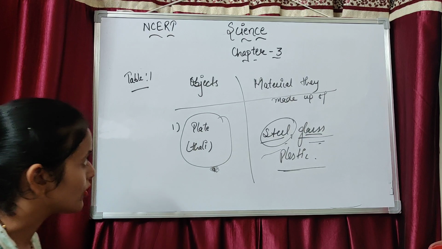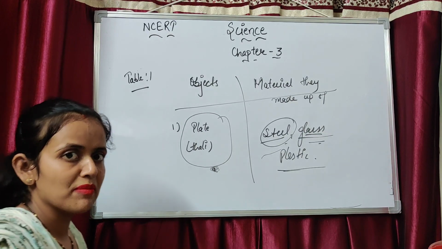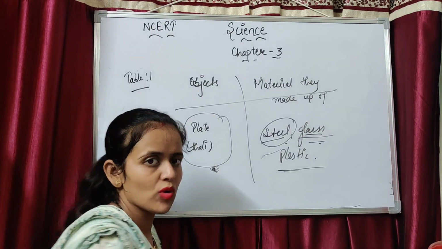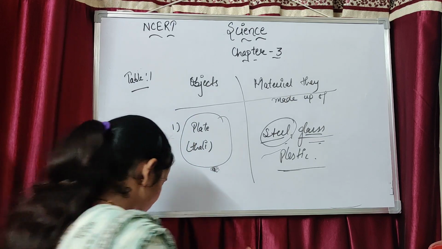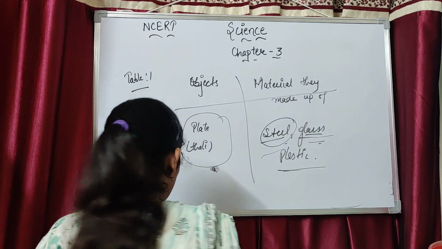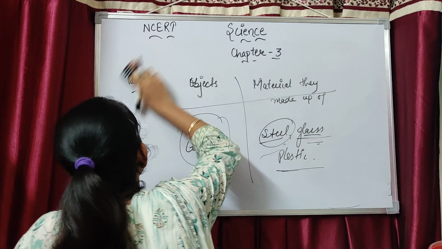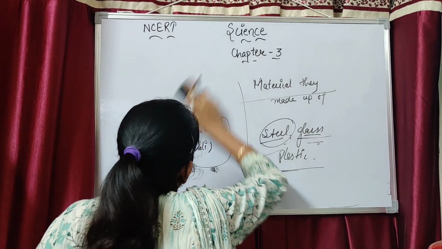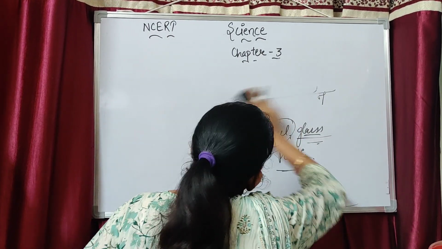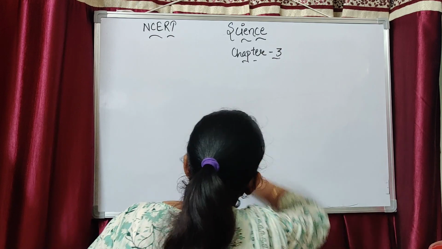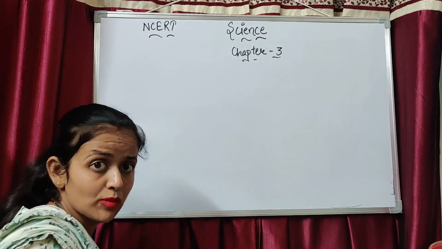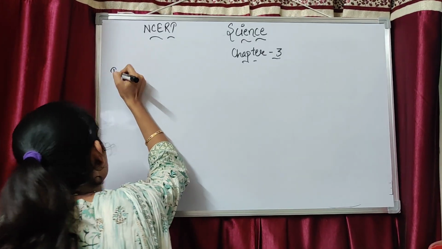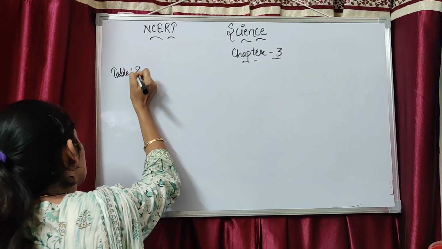So it is clear to all of you that one object can be made up of more than one material. Now a question will arise: will different objects be made up of the same material, or will the same material make different objects? Table second will clear all your doubts.